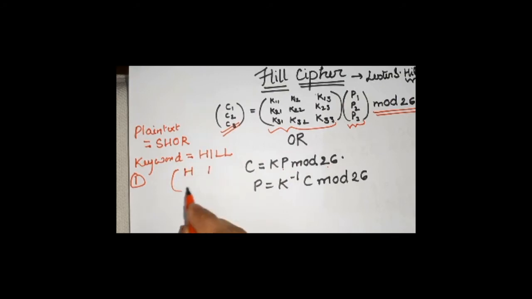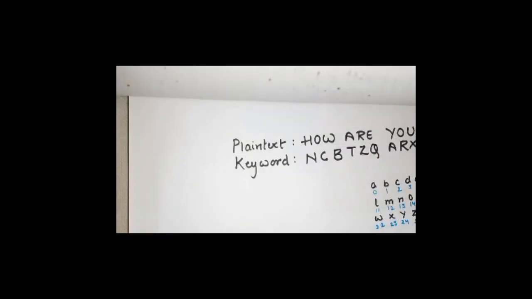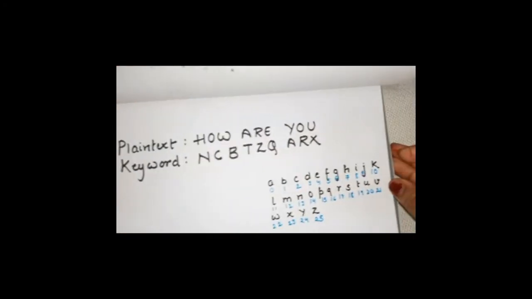This is how you're going to convert: HILL. I converted my keyword into a matrix, and then the second thing I'll be doing is converting the letter matrix into the numbers held by the positions of the alphabet. So what are the numbers held by the letters in HILL? If you remember, we have discussed this alphabetical value.